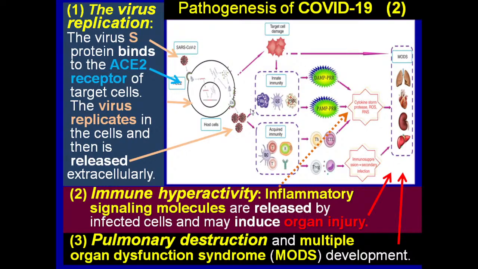So the cells of innate immunity will be activated: dendritic cells, macrophages, and polymorphonuclear cells, right? They start expressing the damage-associated molecular patterns and pathogen-associated molecular patterns.